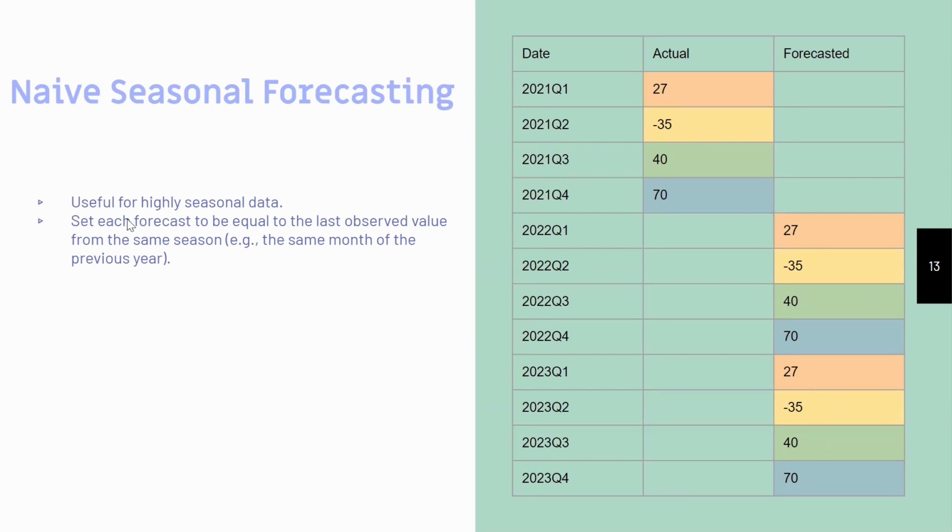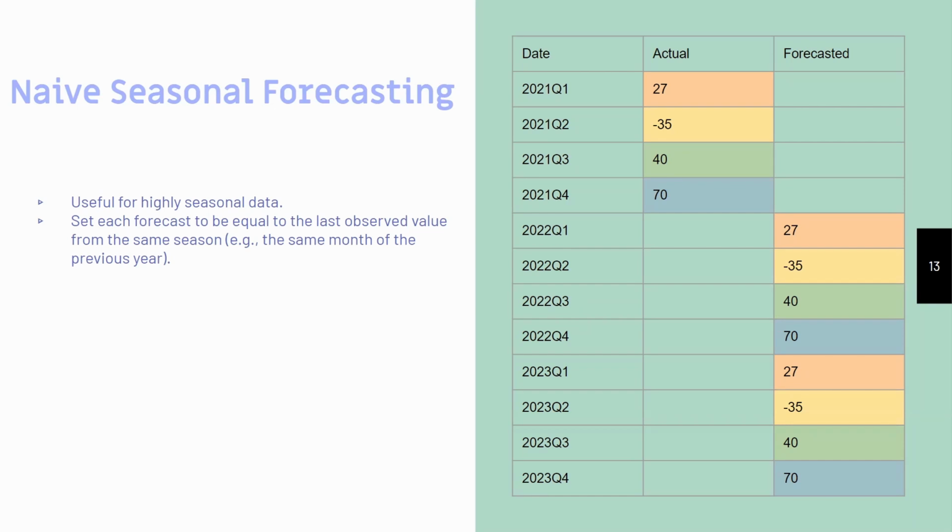So this is useful for very, very seasonal data. I would even say it would be great for something like, I can't even think, the amount of candy canes sold during Christmas time.